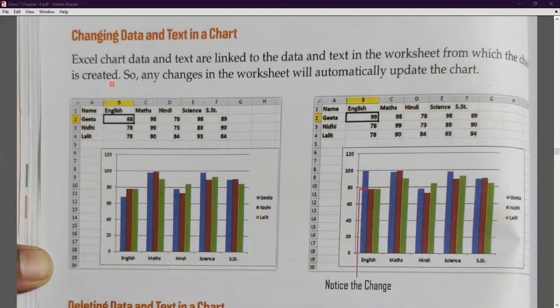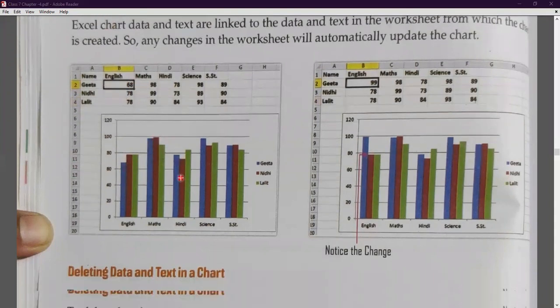So any changes in the worksheet will automatically update the chart. Supposing you are making changes in your table. Suppose I had created this 68 initially, but now I have changed it to 50. Then it will automatically update in your chart also. It will not show 68. It will now show 50.